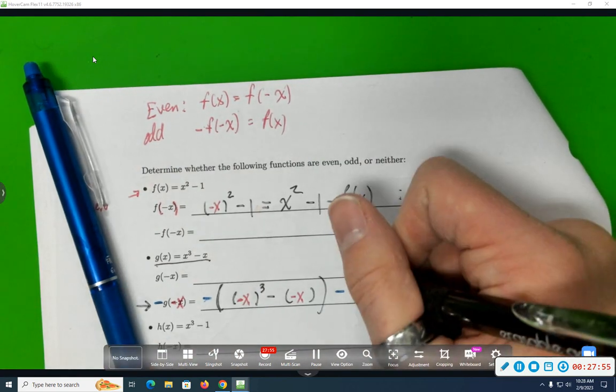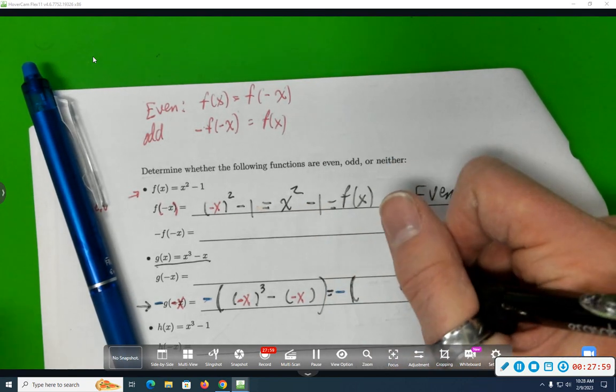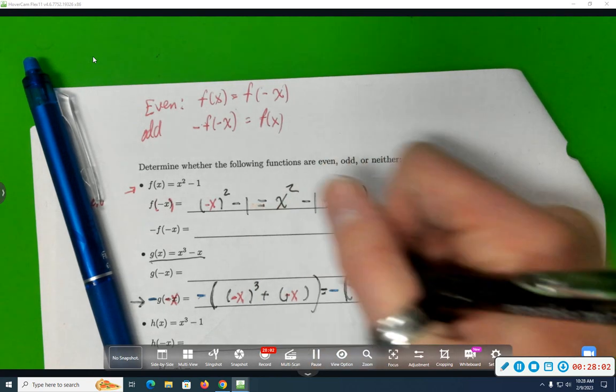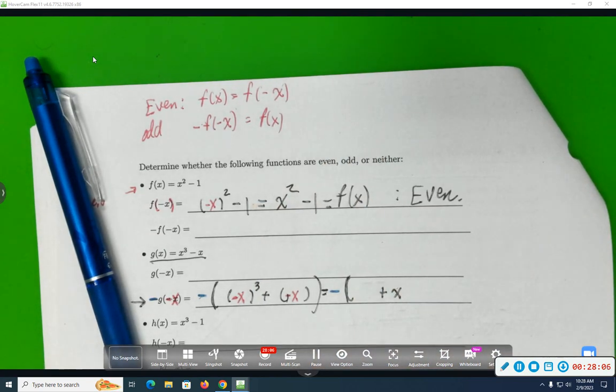There's one other thing I want to do in this one step. Equals negative, parentheses, double negative will become a plus x. Let's also look at that negative x cubed. What's negative x cubed? Yeah, so you can pull the negative out of an x cubed.